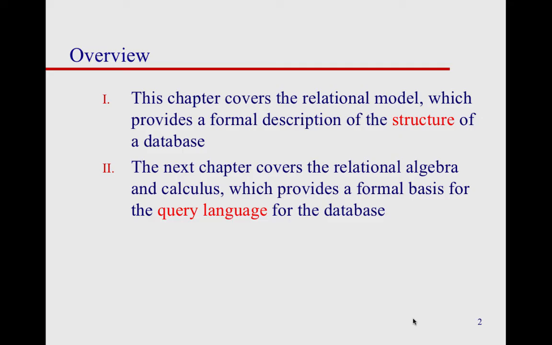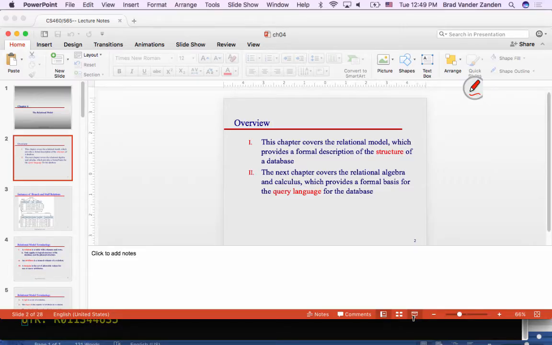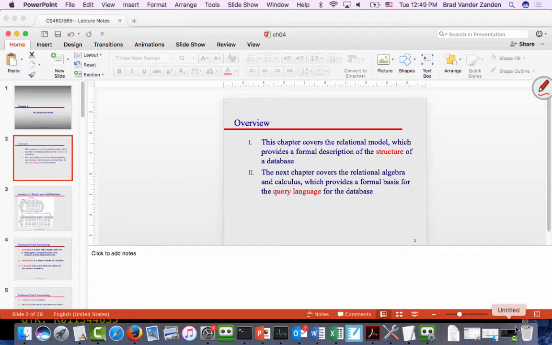Okay, so basically, Chapter 4 covers what we call the DDL. It's not showing up there, okay? See if it shows up this way. There we go, is that showing up? Good, okay.